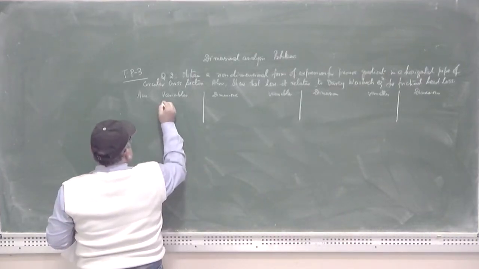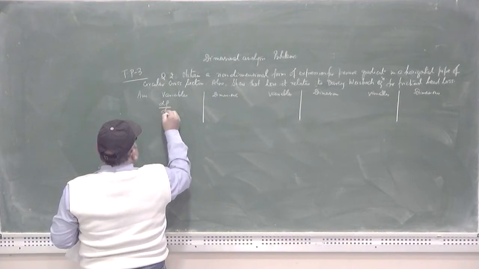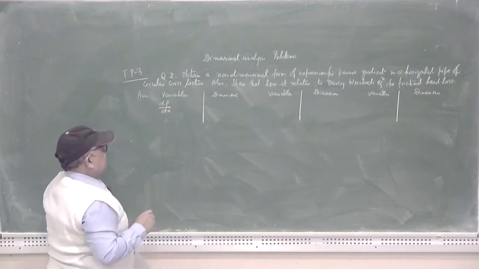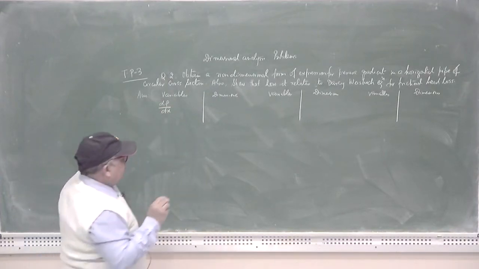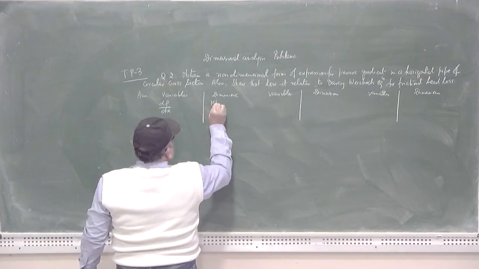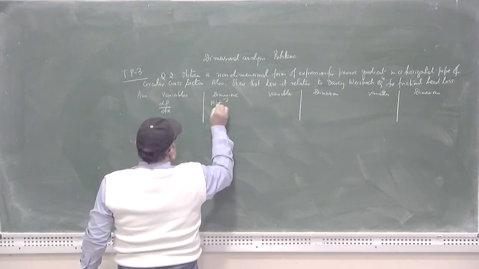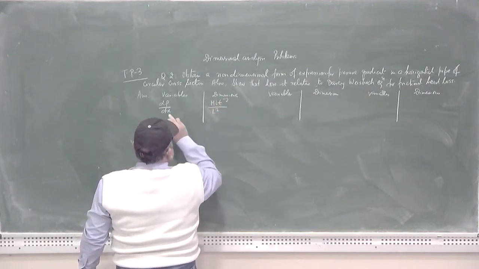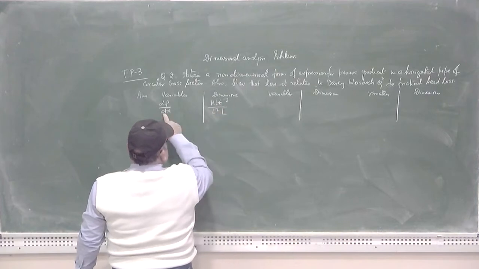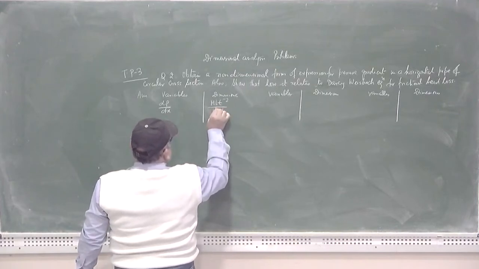First variable may be the pressure gradient dP upon dx. What should be its dimension? Pressure, the force per unit area, is M L T to the power minus 2 divided by L square, and the dimension of dx is L, the length dimension.